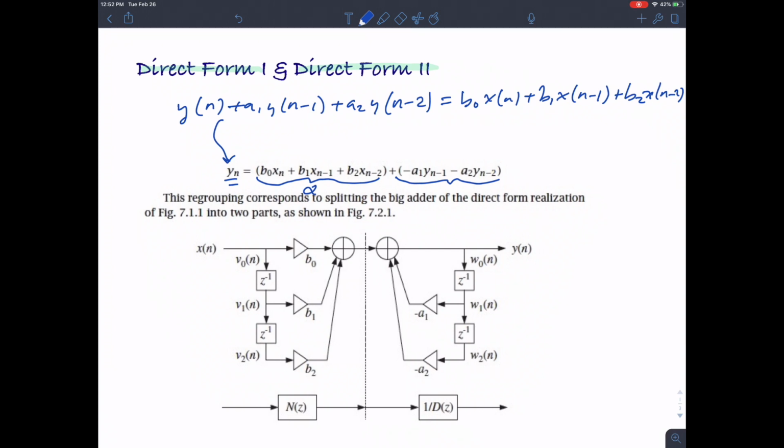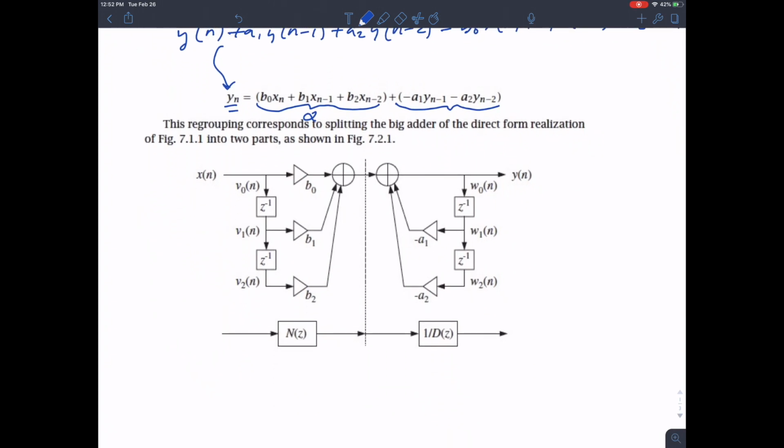Okay, so by now you've seen these block diagrams with gain constants and signals indicated in the diagram, and summers and so forth. So let's think of this point on the diagram as alpha. You have x of n multiplied by b0 coming into the summer alpha. So that gives me this term. Then you have a delay, and the output of this delay would be x of n minus 1.